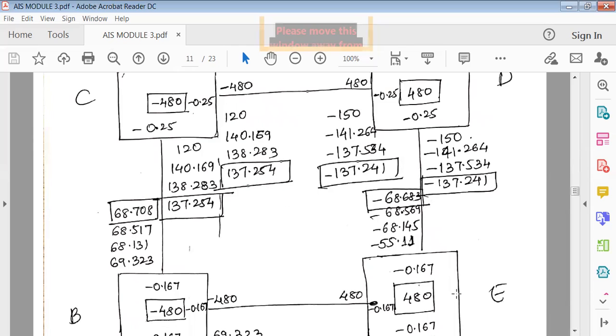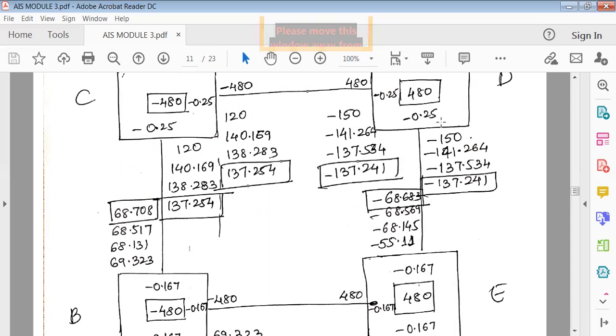Next, come to joint E. It is the same. E connects D, and it connects B also, but B is still the joint we need to find out. Right now E is the joint which is connecting to D, so whatever moments occur here, you have to consider. This is the joint which connects each other, this 150.